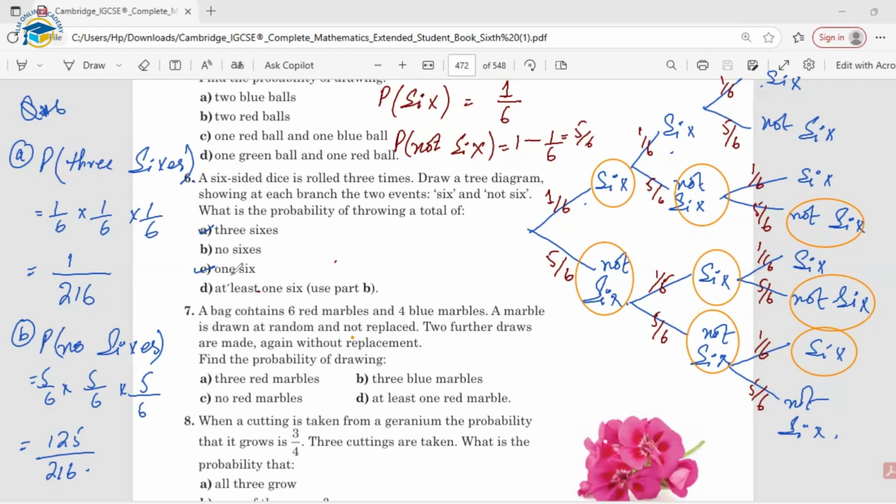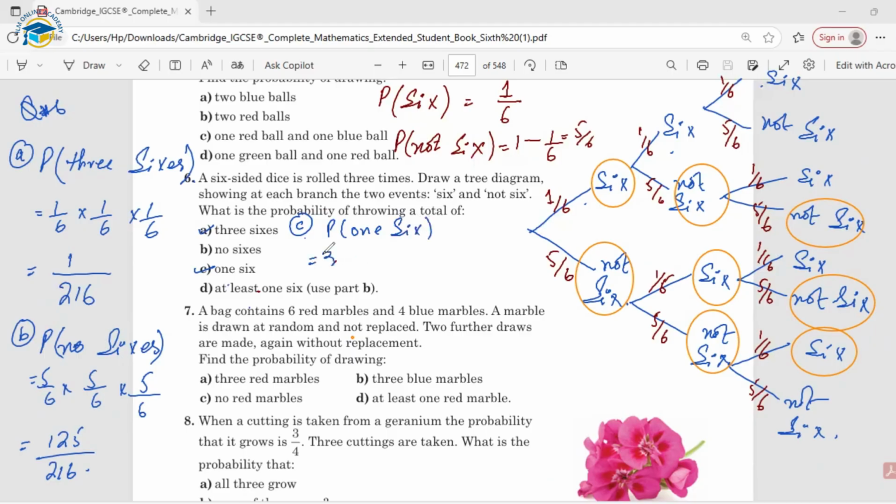3 different possibilities. But if you see, 1 over 6, 5 by 6, 5 by 6, similar possibilities we are having. And as we need to multiply it together, there is no need to find all these 3 separately and then add them together. Simply multiply one probability by 3. C part, probability of getting only one 6.